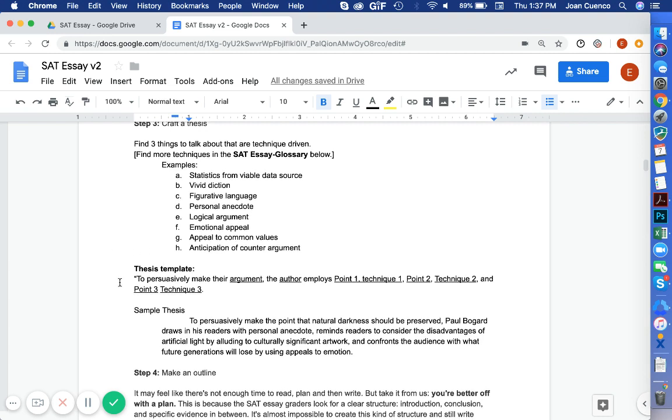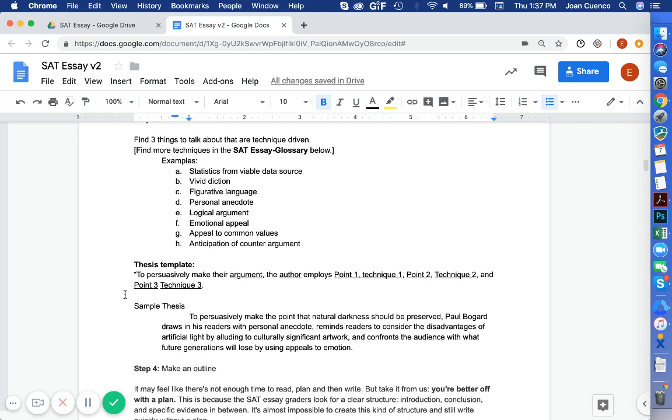And then here is our thesis template. In other words, you can open your essay with this template and just start by saying, to persuasively make their point, the author employs technique 1, which is to make point 1, technique 2, which accomplishes point 2, and technique 3, which accomplishes point 3.